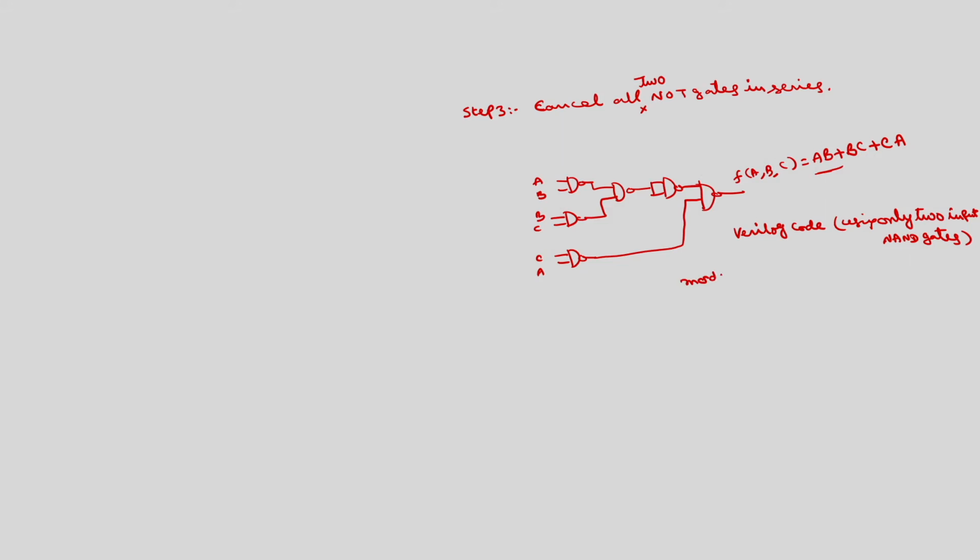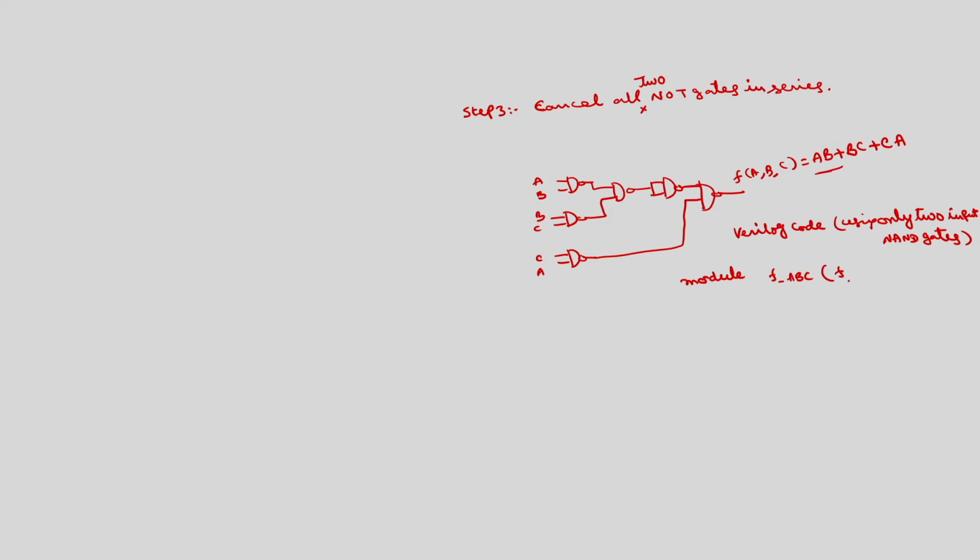Module, you can give some name, you can call this as f of ABC. So, in the previous code also I could give some name, but it is optional.